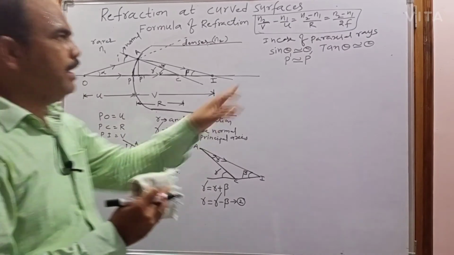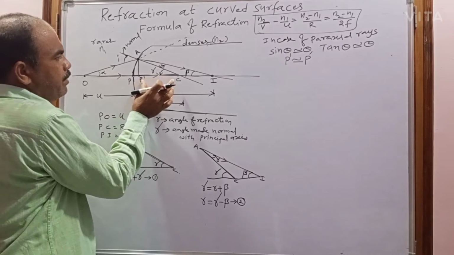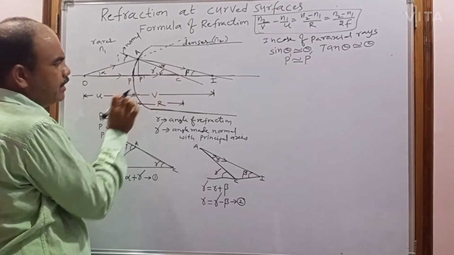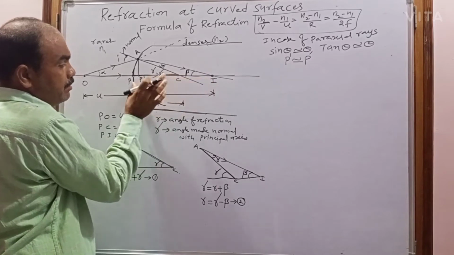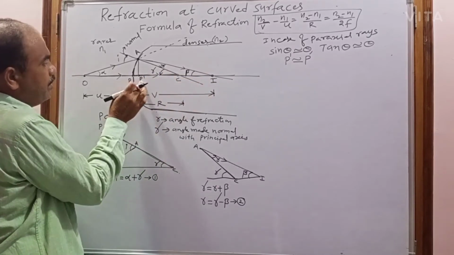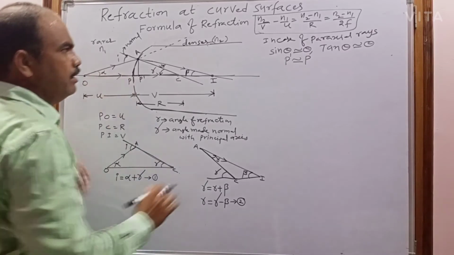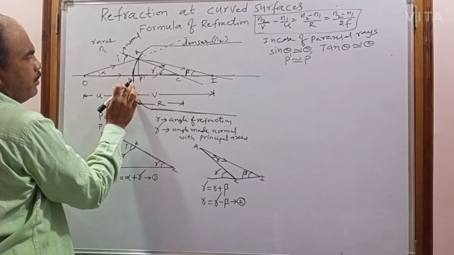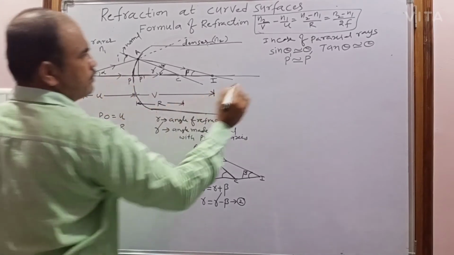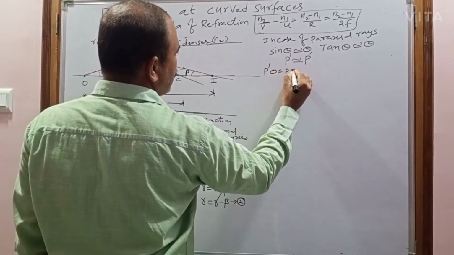If P dash is P, then the distance P dash C is PC, the distance P dash I is PI, and the distance P dash O is PO.